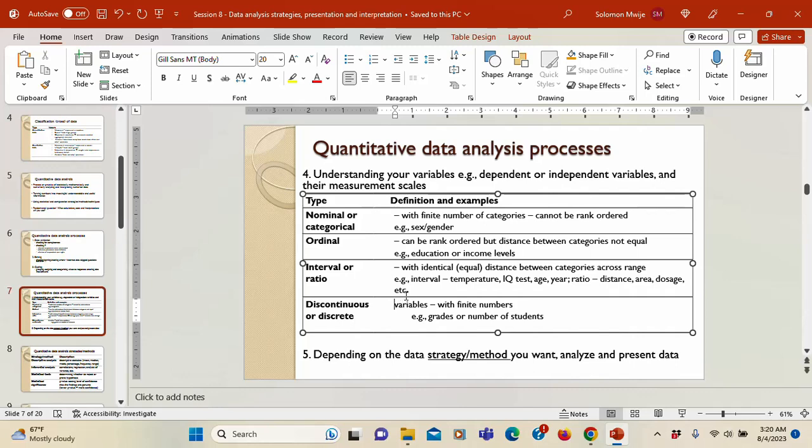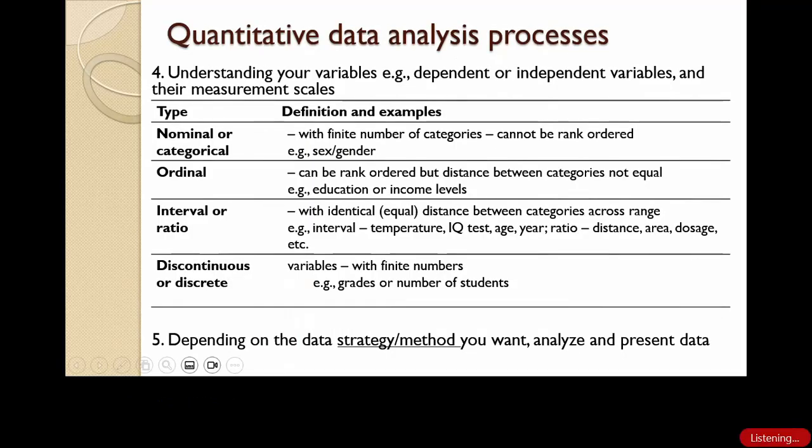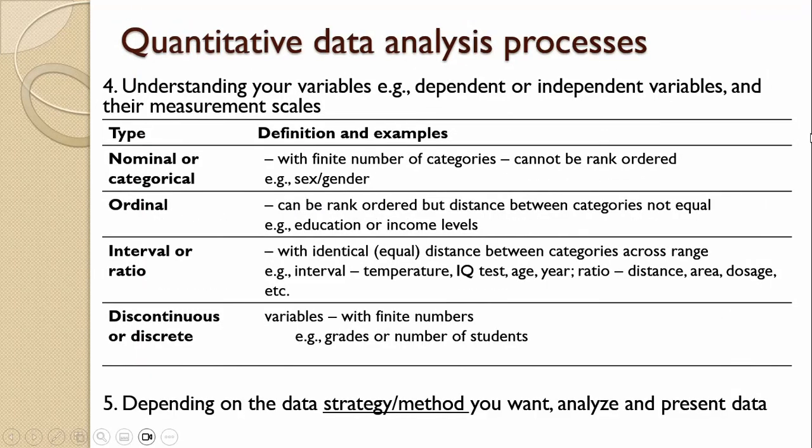So you have discontinuous, which are variables with finite numbers, meaning that the numbering has ends. So you have grades, you have number of students, for instance, in a class.